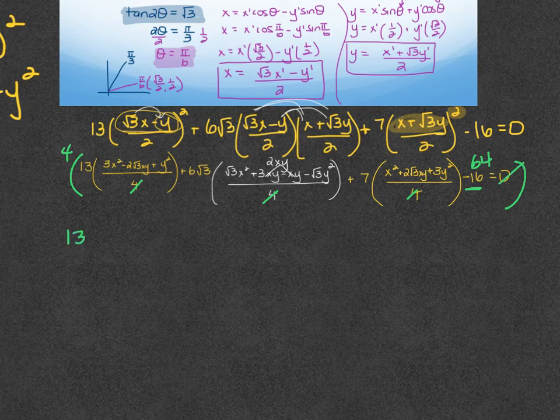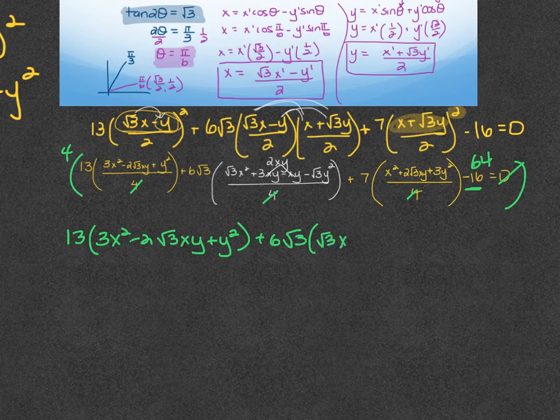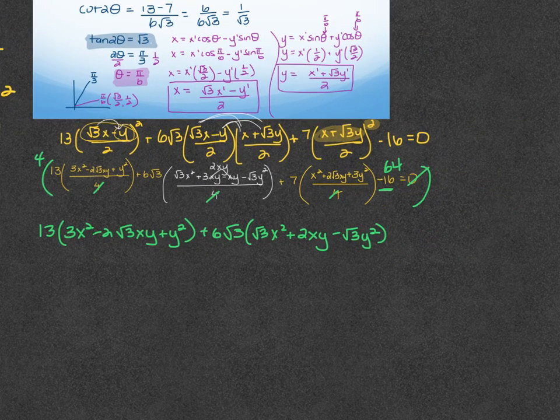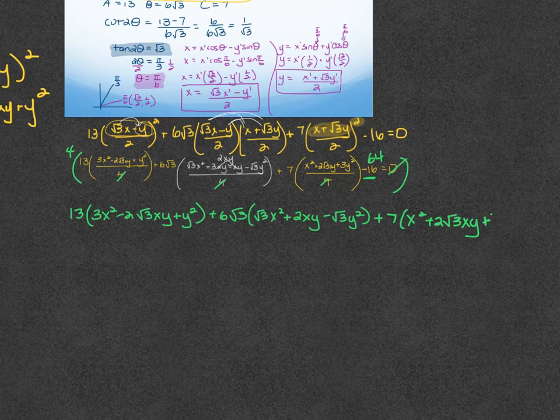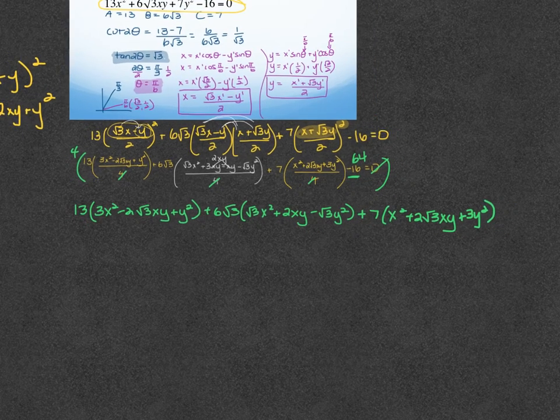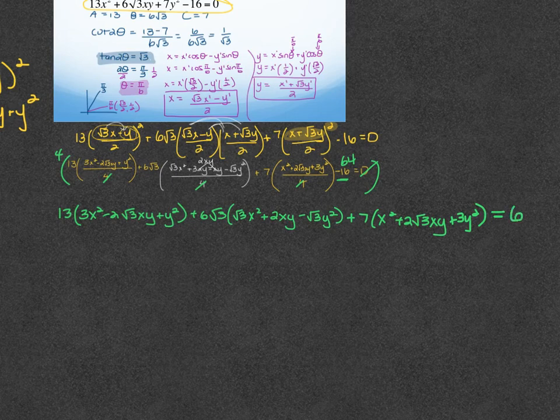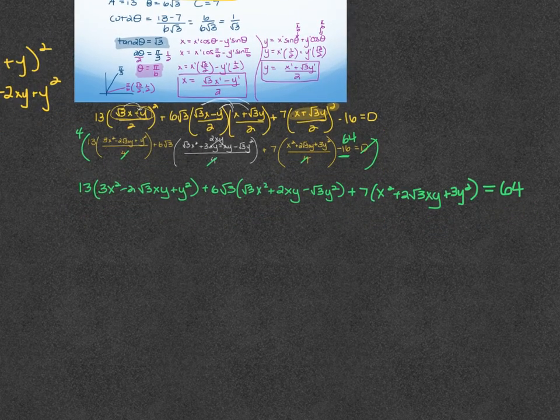So that step leaves me 13, 3x squared minus 2 root 3xy plus y squared plus 6 root 3x squared plus 2xy minus root 3y squared plus 7x squared plus 2 root 3xy plus 3y squared. And I'm going to bump the 64 to the other side because I'm going to have to eventually do it anyways. So that equals a positive 64.